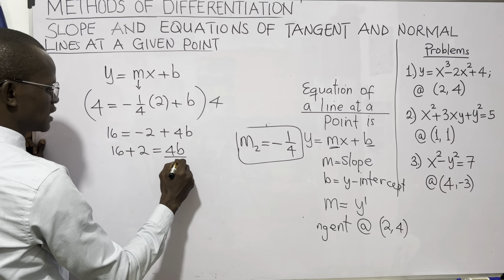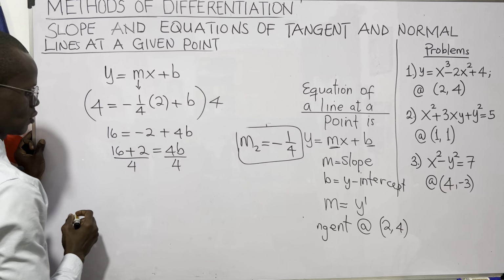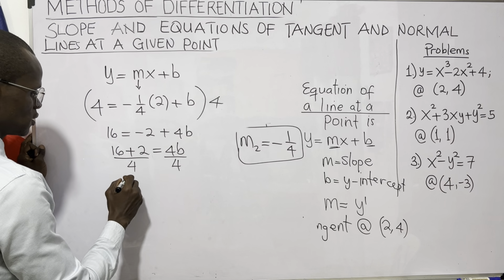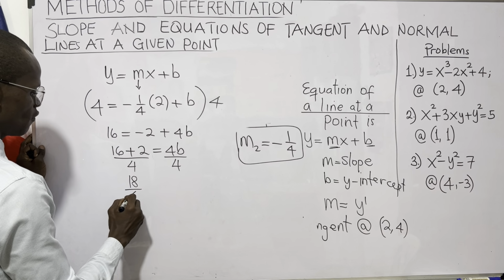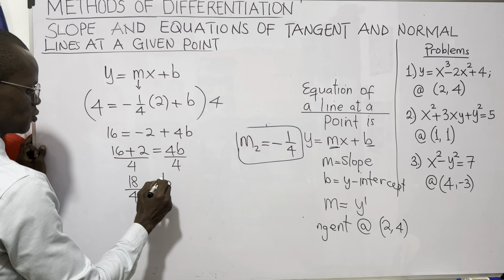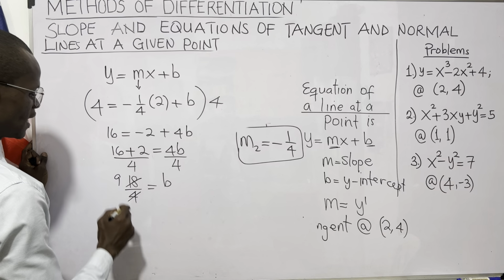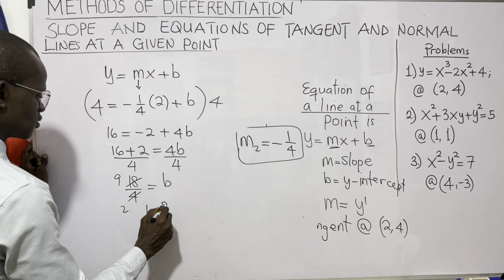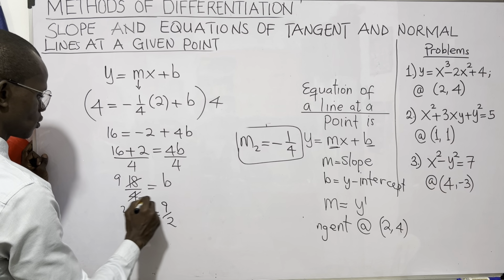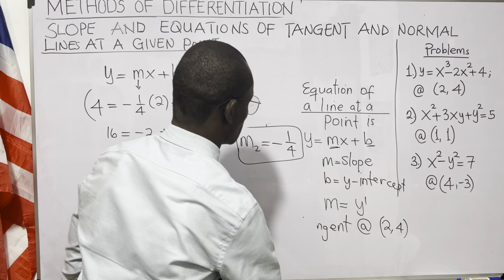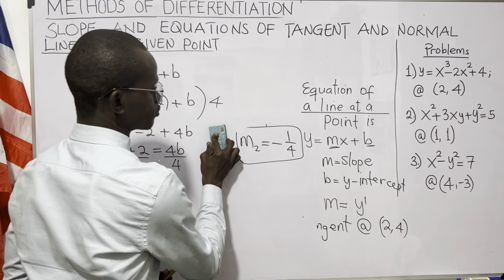We can divide both sides by 4. 16 plus 2 gives us 18 over 4, equals b. 2 into 18 goes 9 times, so b is equal to 9/2. So if b is 9/2, we can now determine the equation.